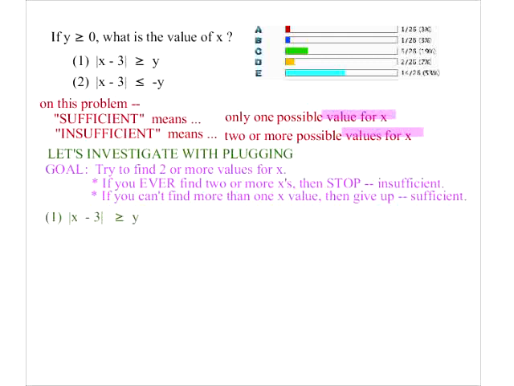So statement one, if we can get x to have two or more values here, then that's insufficient. So let's try that. It's x, y, and then there's nothing else to do there if we get two or more x's.